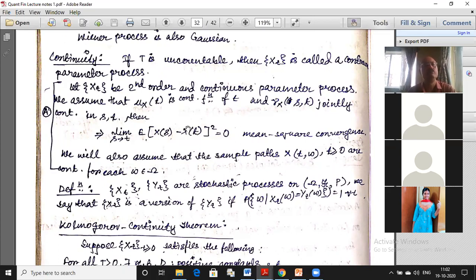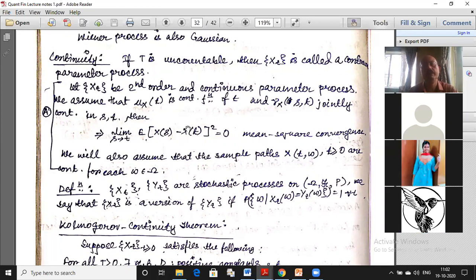And this is known as mean square convergence. Mean square convergence you must have studied before in some asymptotics or estimation theory course. Is mean square convergence known? Yes, sir. Because you have done this mean square error kind of calculations before for good estimators. So this comes directly from estimation theory.